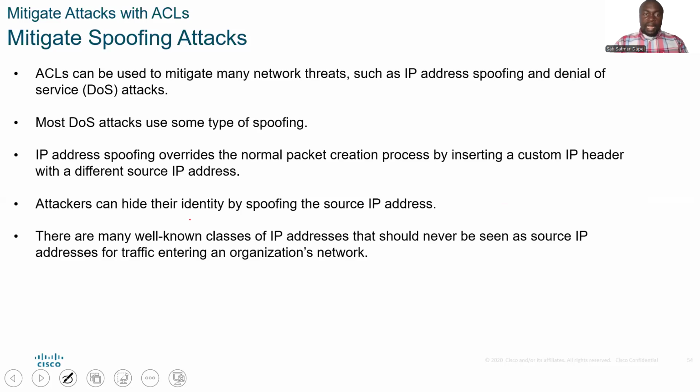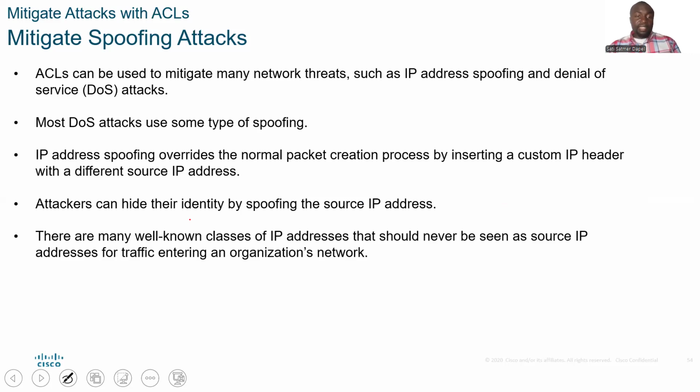Mitigate attacks with access lists. Access lists can be used to mitigate many network threats such as IP address spoofing and denial of service attacks. Most DoS attacks use some type of spoofing. IP address spoofing overrides the normal packet creation process by inserting a common IP header with a different source IP address.